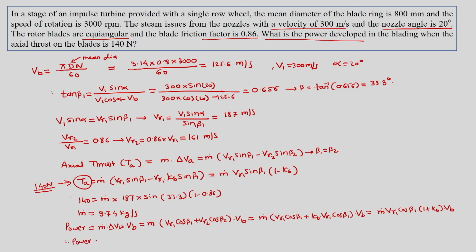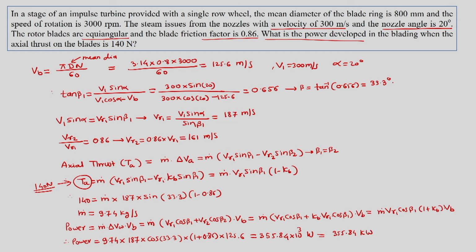So power developed is equal to m dot, which is 9.74, into VR1, which is 187, into cos of 33.3, into 1 plus 0.86, into 125.6, and this gives us the answer as 355.84 into 10 to the power 3 watt, which is equal to 355.84 kilowatt.